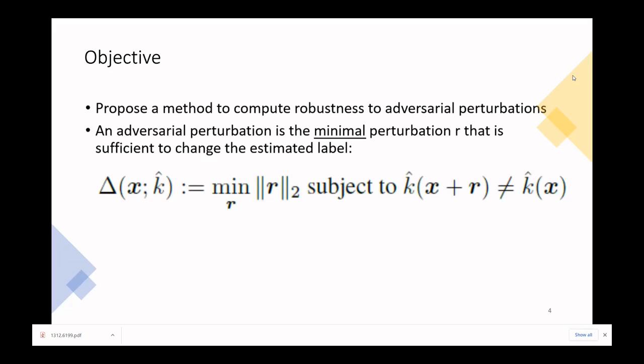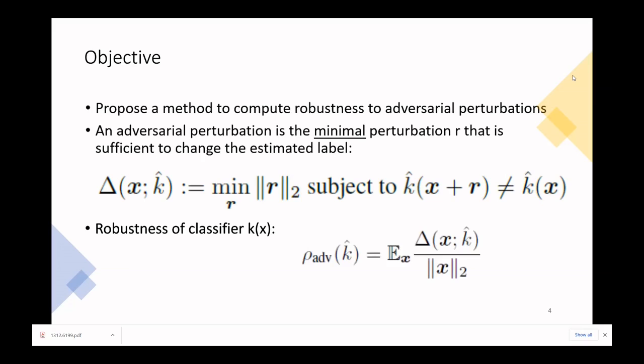So if k is our classifier, k hat of x is the estimated label for x, then k hat of x plus r should be different from k hat of x, where r is an adversarial perturbation. Next, the paper defines the robustness of classifier k as the expected normalized adversarial perturbation over all images. So you can use this formula to compare two different classifiers in terms of robustness.